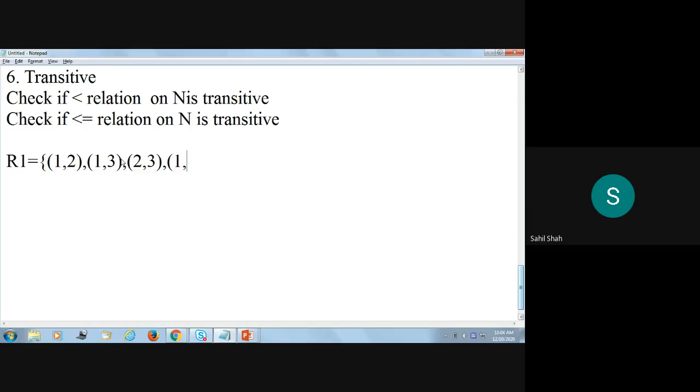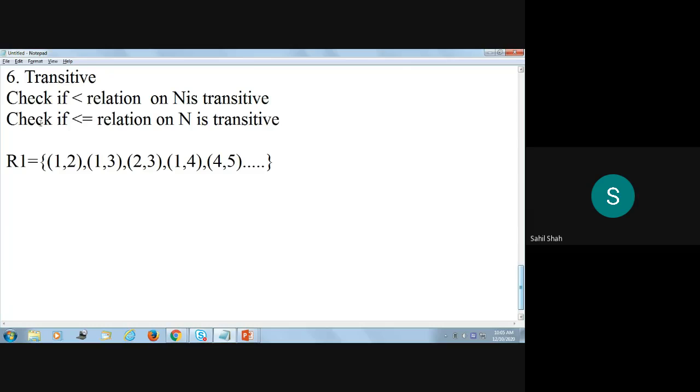Yes, Abhishek, you are correct. If you observe pair 1 comma 2, 2 comma 3, this is A comma B, B comma C. What is the new pair formed? It is 1 comma 3, which is A comma C. In this similar manner, if I have a pair 1 comma 4, 4 comma 5, I could have a pair 1 comma 5, and that will also satisfy this less than relation. So it is transitive, right?